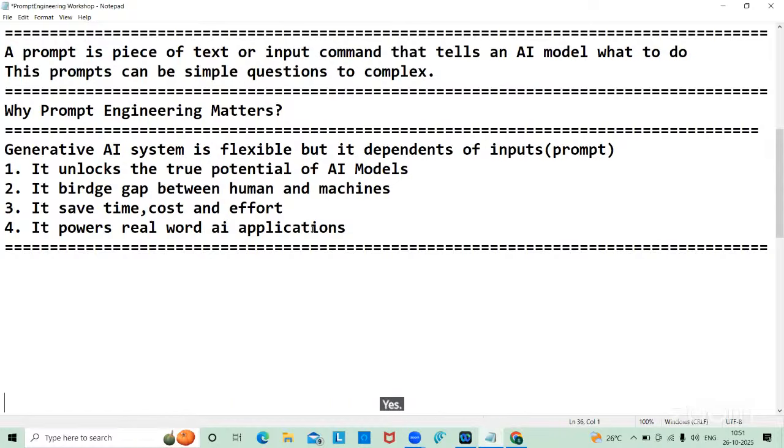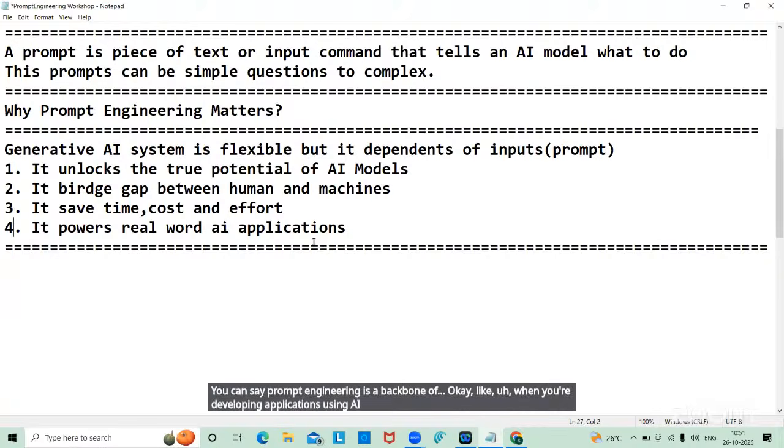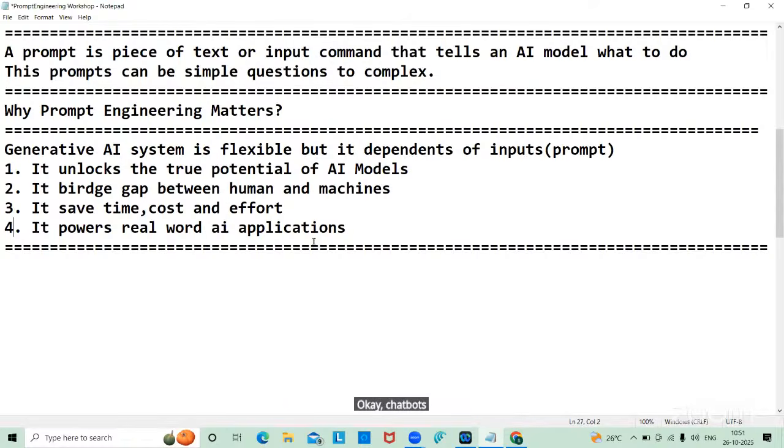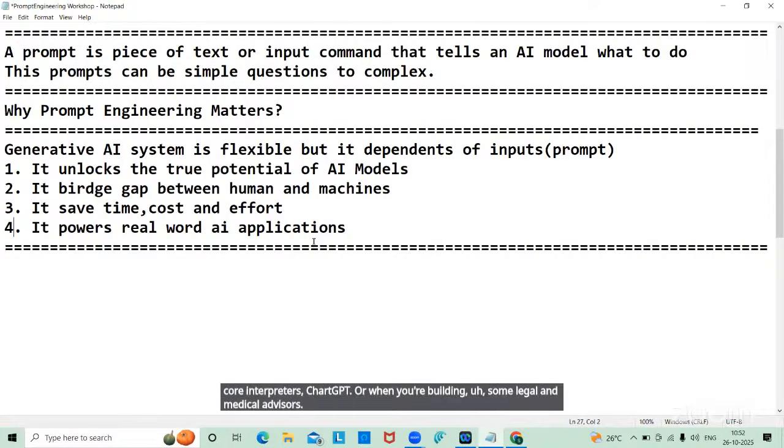You can say prompt engineering is a backbone when you're developing applications using AI, like chatbots and virtual assistants, AI tutors in education apps, coding assistants like Copilot, code interpreters, ChatGPT, or legal and medical AI advisors and AI-based customer support systems.